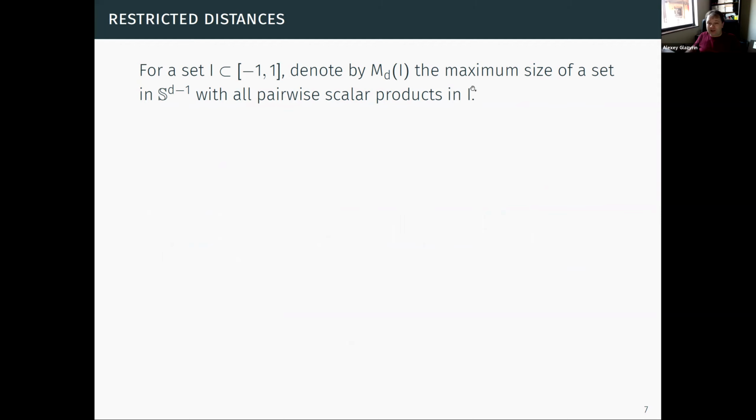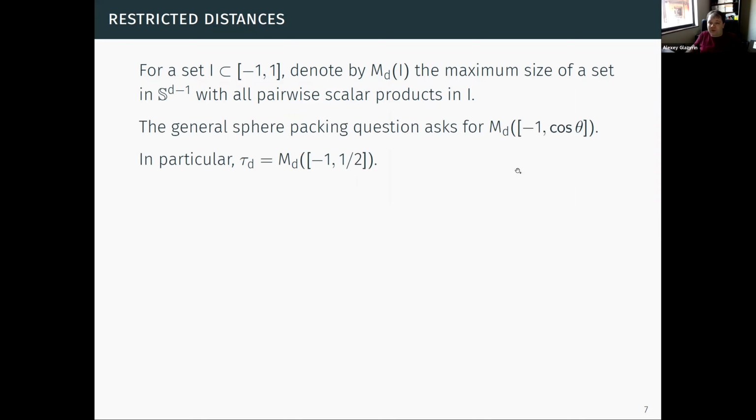So all scalar products must lie in this set I, and this number M_d(I) will be the maximum size with restricted scalar products from the interval I. And of course, the packing bound that we were talking about before can be formulated this way as well. You just take your interval from -1 to cosine theta, the cosine of the angle. And in particular, for the kissing number problem, it's going to be -1 to 1/2.